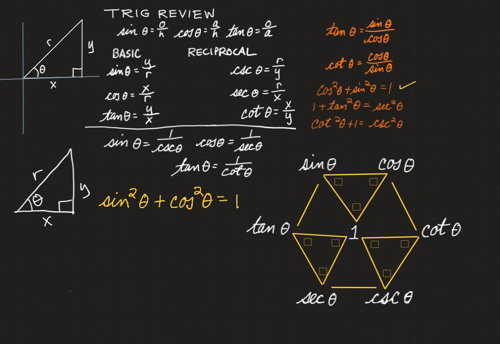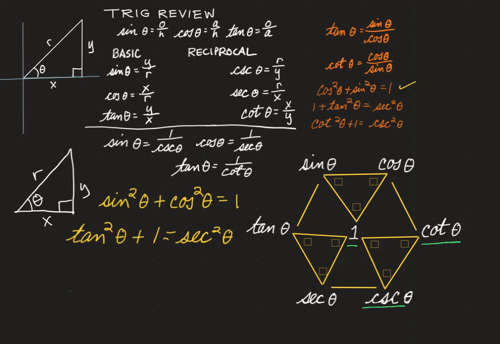Let's check the tangent. Okay, so now I'm going here, tangent theta, 1 and secant of theta. So if I write that out, I would have tangent squared of theta plus 1 squared, which is 1, equals the secant squared of theta, which is another one of our identities because, look there, it's addition. The order doesn't matter. Let's look at our remaining triangle here.